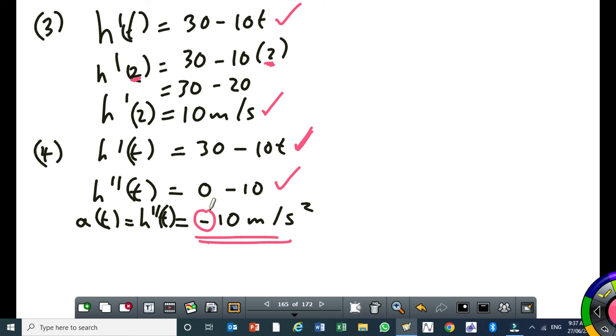So this minus 10 indicates that there is an opposing force from a physics perspective, and that force is the force of gravity. When it's coming down, it is accelerating. But when it's going up, it is decelerating.